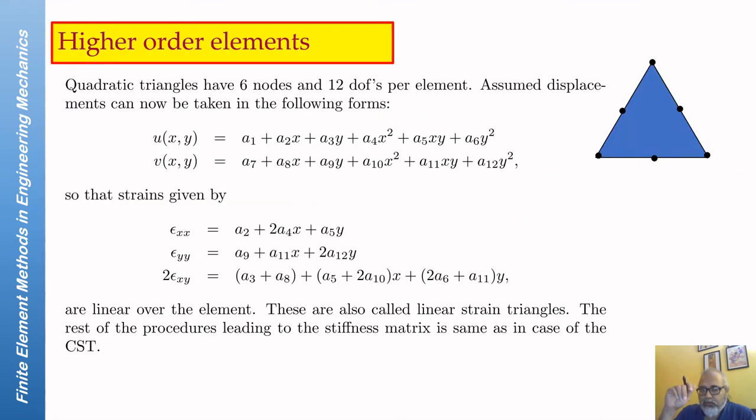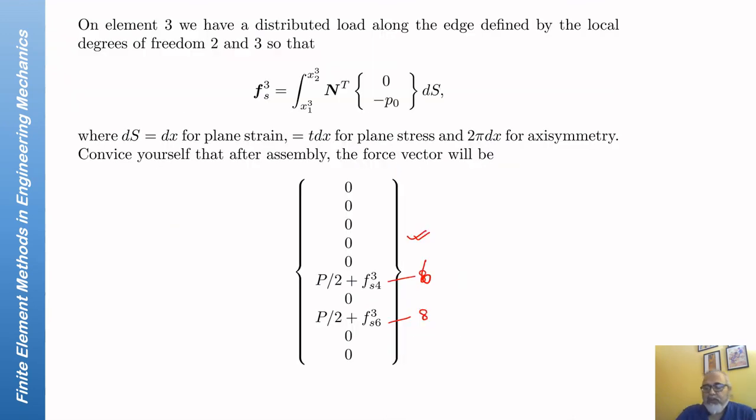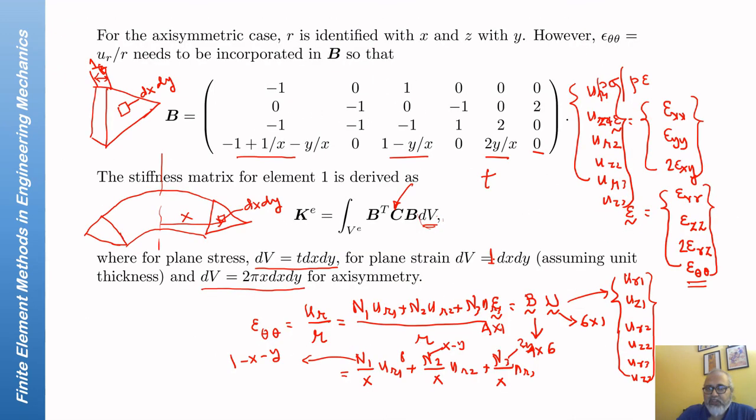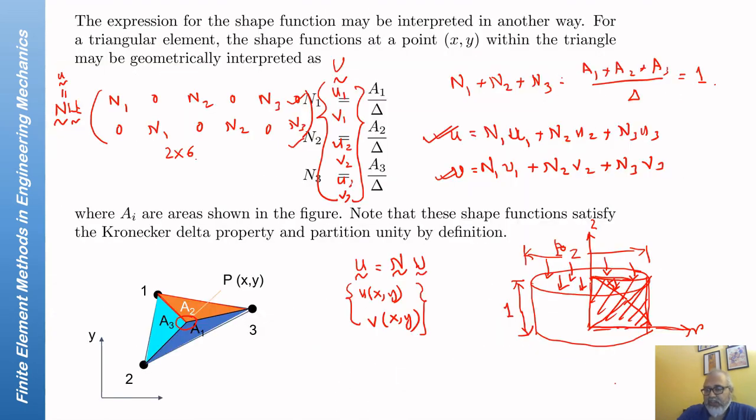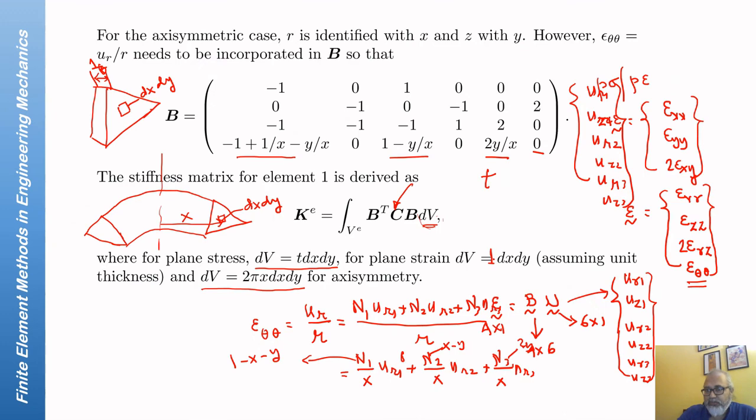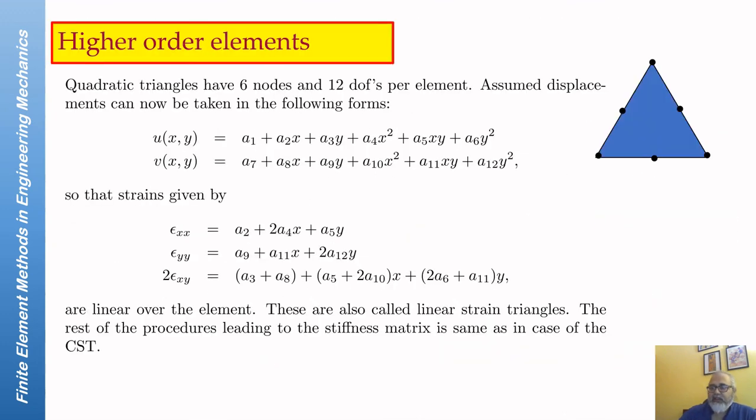Now we can have a higher order version of this element, which means that instead of using 3 nodes per element, we can use, let's say, 6 nodes per element and add a node at the middle of the edges, and now we have 6 nodes and 2 degrees of freedom per node.